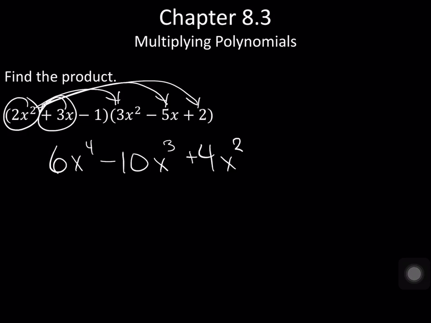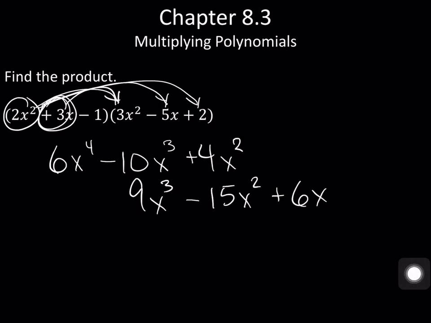The 3x is going to get distributed, and I'm going to go ahead and stack the things that look alike. So when the 3x gets distributed, there's a 9x cubed minus 15x squared plus 6x.